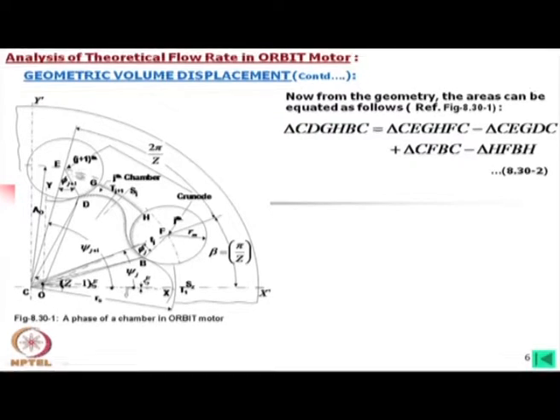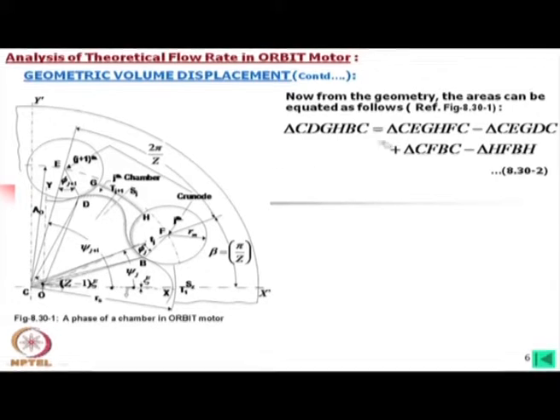So, this is like that, we are considering this area. Now, next we subtract C, E, G, D, C, this area, and then we add C, F, B, C, this area, and then finally, we subtract H, F, B, H, that area we exclude.